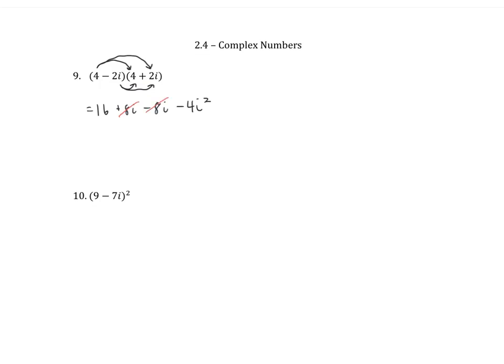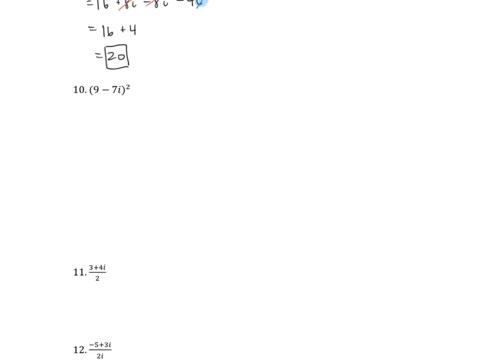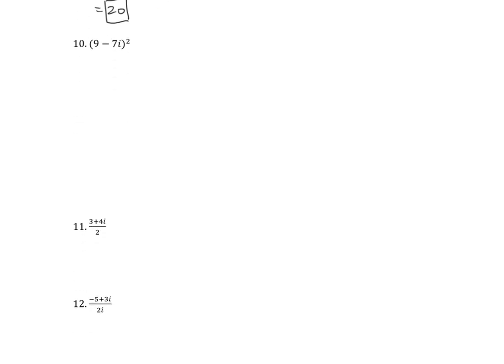And then here we have an i squared, and we need to remember to replace that with a negative 1. So that i is gone as well. So now we have 16. Negative 4 times negative 1 is plus 4. And so you can see our answer is 20. So that is a real number, no longer imaginary or complex. So when you multiply complex conjugates, all of the i's go away. They kind of work themselves out.